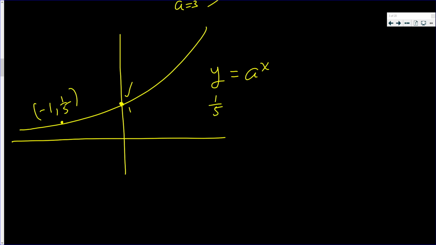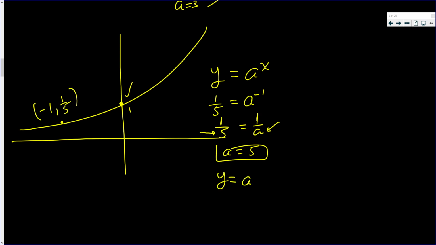When y is 1/5, x is -1. That means 1/5 is 1/a. So a is 5. You can't have 1 over any number but 5 and still have equality. A is 5. So y is equal to 5 to the x.